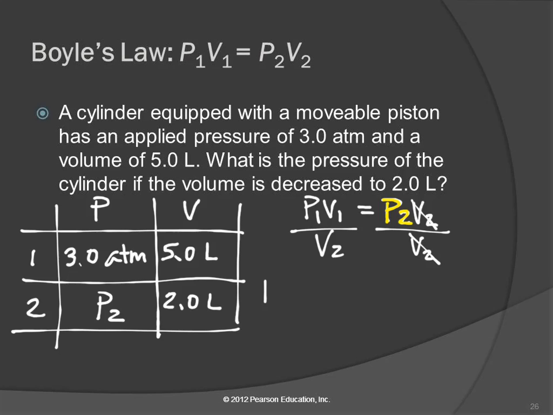So now I'm just going to rewrite this because it's kind of messy looking up there. P2 is equal to P1 V1 over V2. Just be careful when you copy that you get the numbers in the right places. It's really easy to get the 1s and 2s backwards, and then your answer is wrong.